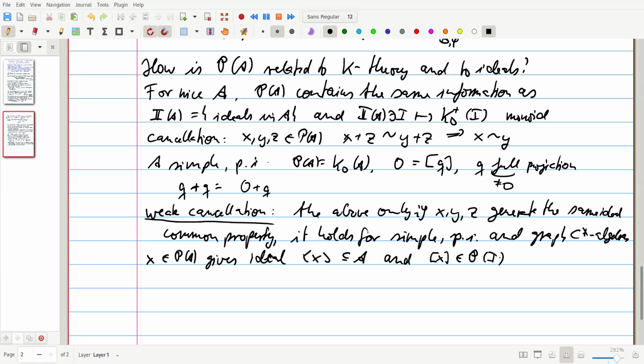So it also produces something in this P of I, which you could map to K0 plus of I. The weak cancellation property wouldn't quite say that the map from P of I to K0 plus of I is injective. We again have this problem with the zero element and so on. But if you have two full projections, so they both generate the same ideal, and they have the same image, then they would be the same element already in P of I.